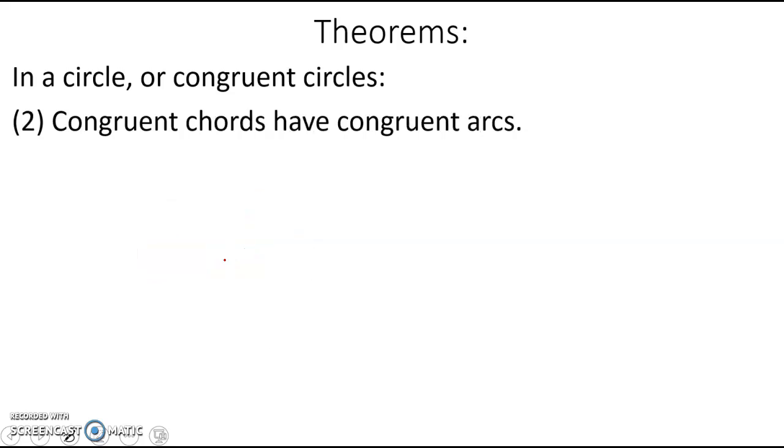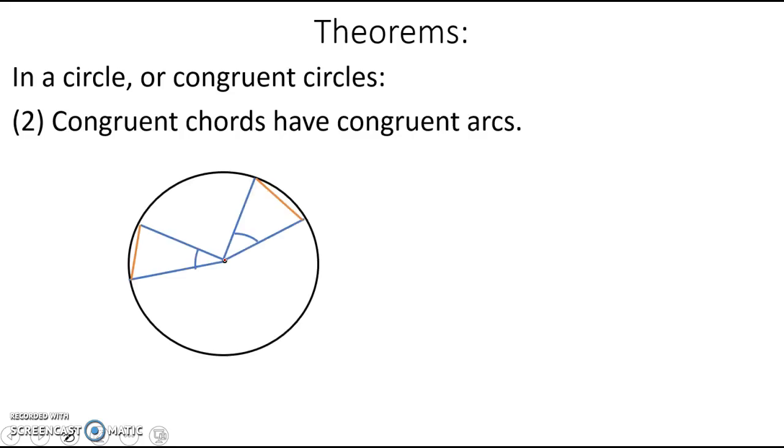Also true when in a circle or in congruent circles, congruent chords have congruent arcs. So what that means is that if we have a situation where we have congruent chords, so this line is equal to this line, we can conclude that these arcs are also equal to each other.